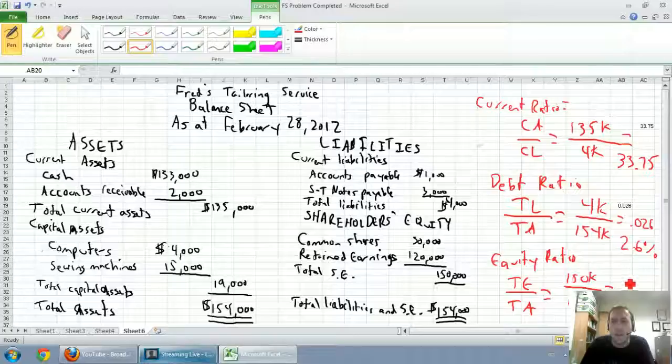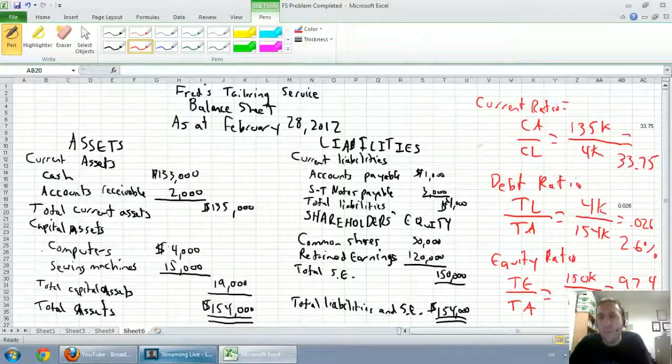And what you're going to find there is a ratio of 0.974, or 97.4%. And the math there is, we've just said that our creditors own 2.6% of the company. The rest has to be owned by the shareholders. So the shareholders own 97% of the company.